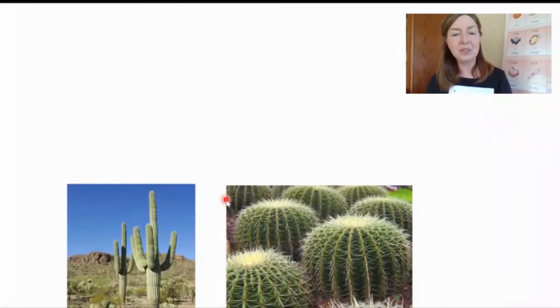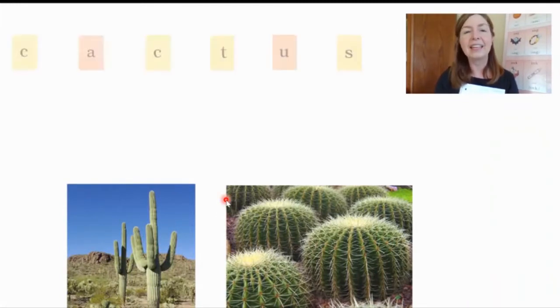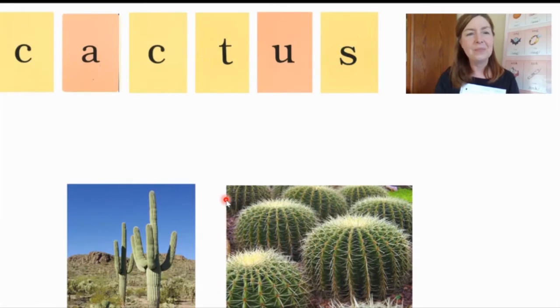And the last one to practice is a plant that you would find in the desert, a cactus. Okay, do you remember what we do first when we look at longer words? Yes, we look for the vowels A and U. Then we have to ask ourselves, are the vowels together or separated? And we see they are separated.